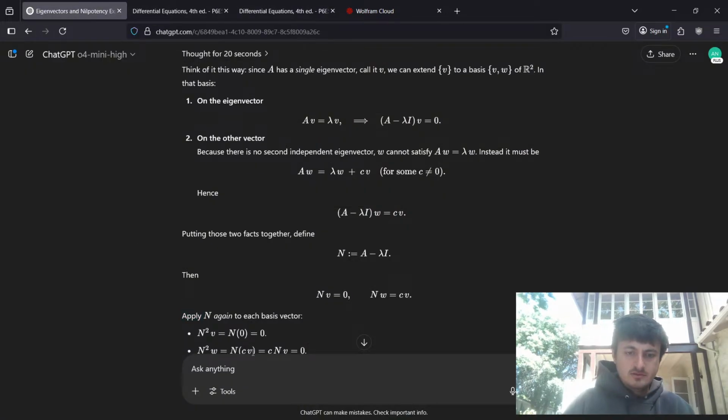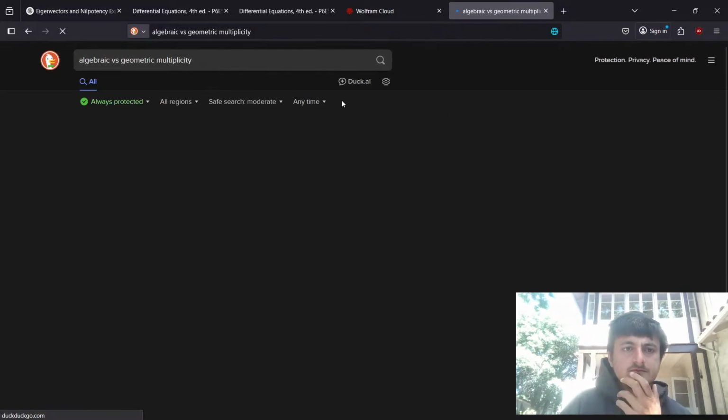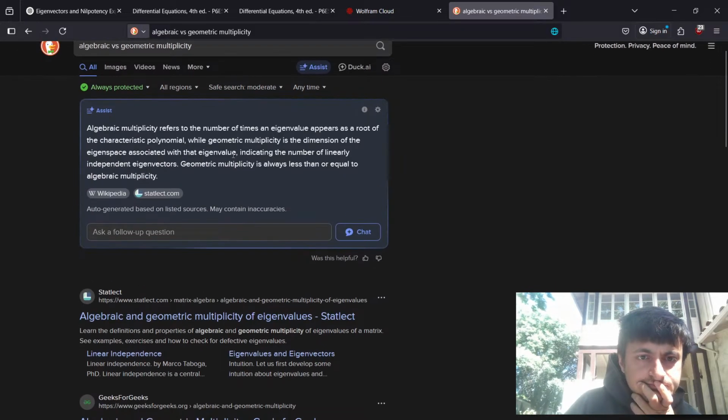Algebraic versus geometric multiplicity. So algebraic, yeah, and geometric is the dimension.